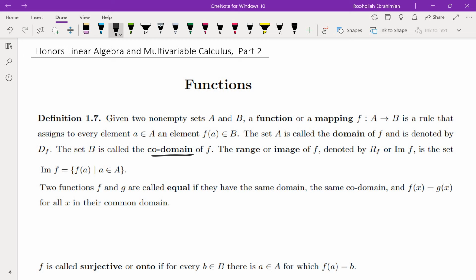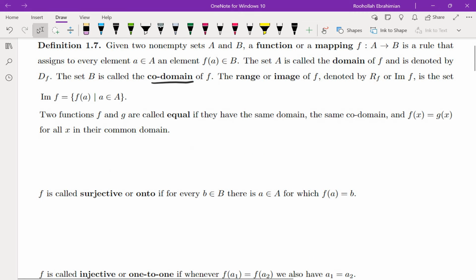The range or image of f, denoted by R sub f or im f, is the set given by f(a) where a is in A, so the collection of all of the functional values of f.